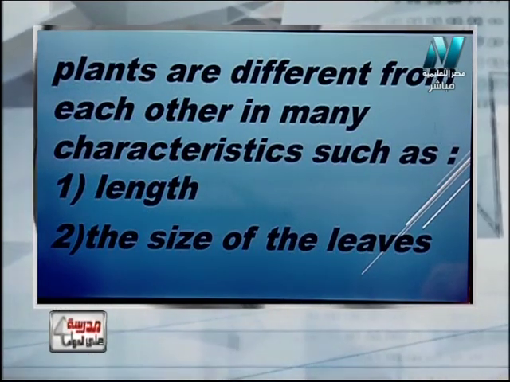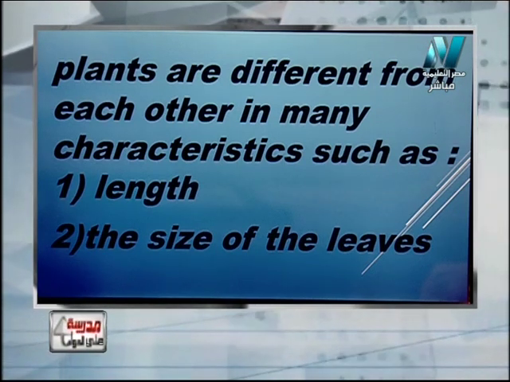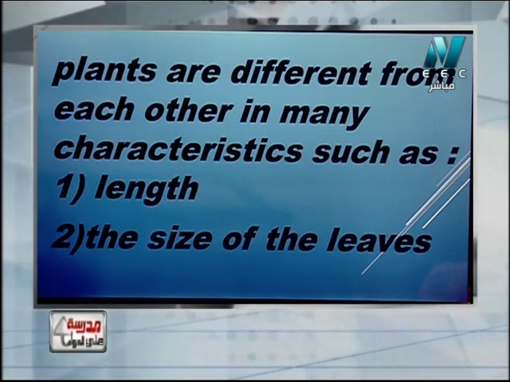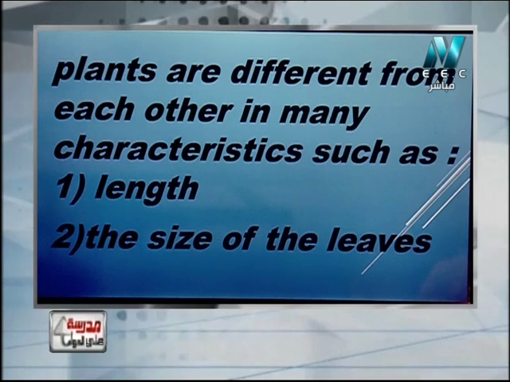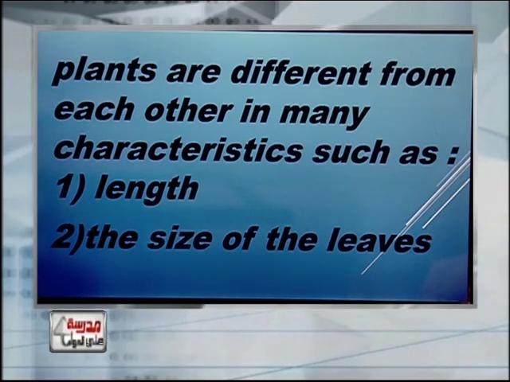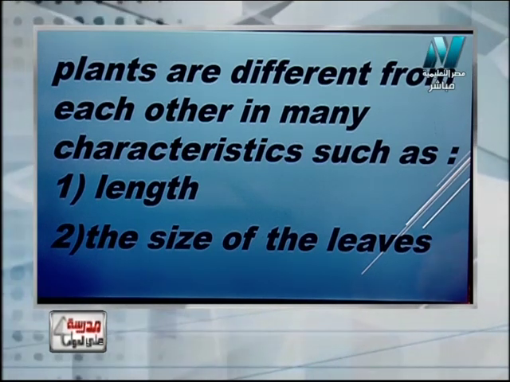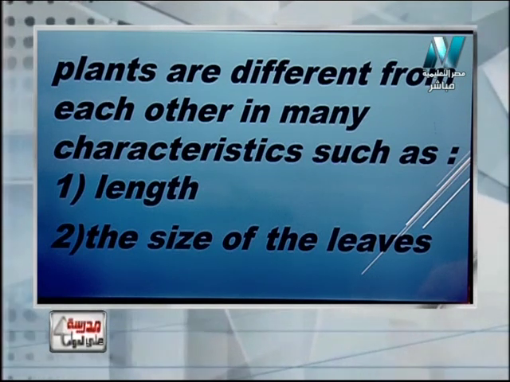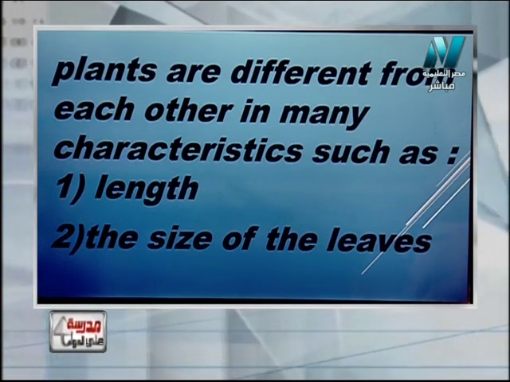According to plants, plants are different from each other in many characteristics, such as length. There are short plants and there are long plants. Number 2, the size of the leaves. There are some plants that have big leaves and others have small leaves, as you see.